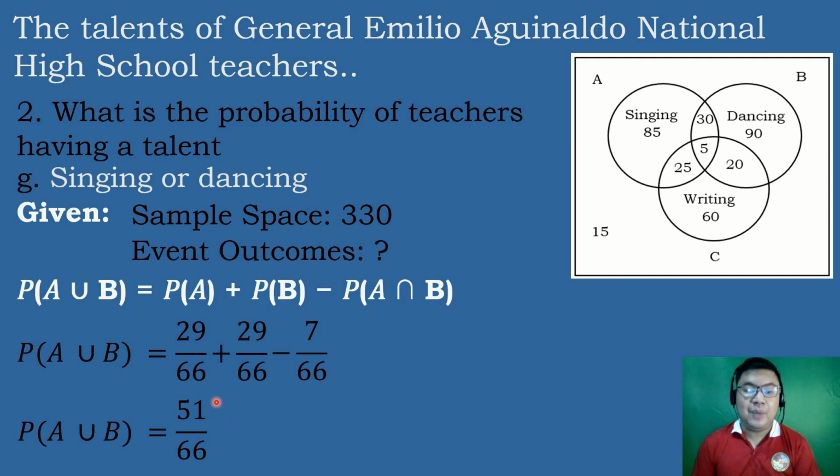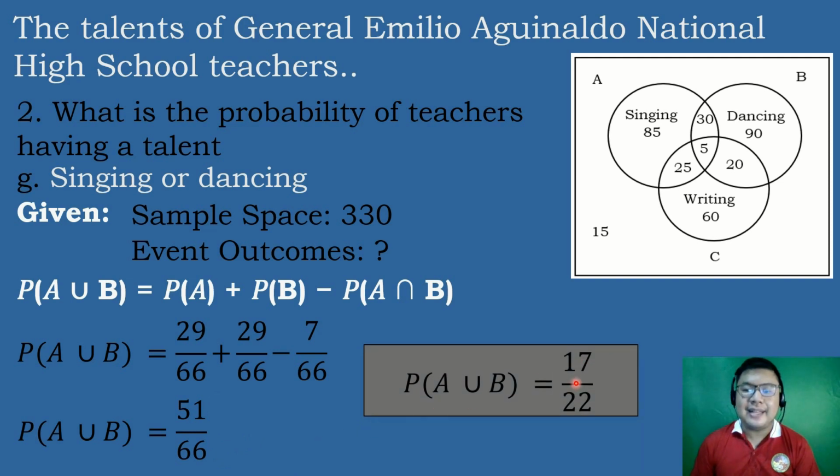So 51 over 66, we will get the lowest term, and that is equal to 17 over 22. Therefore, the probability of teachers having a talent in singing or dancing is equal to 17 over 22.